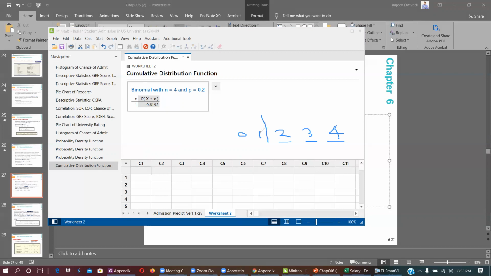So up to 1, what do I get? 81.92%. 100 minus 81.92. What is left? 18.08. This is my answer.